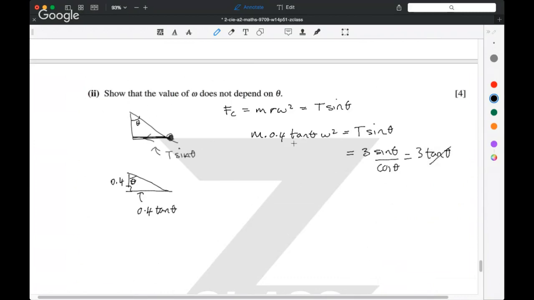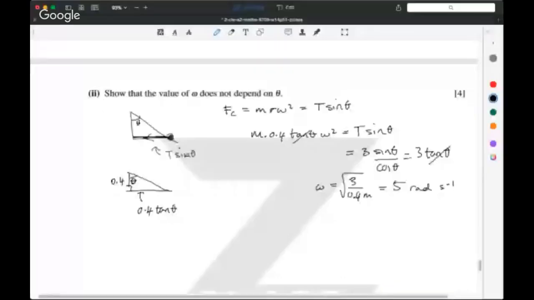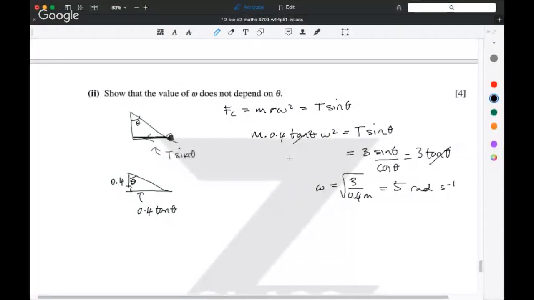So the tan thetas cancel, and we get that omega is equal to the square root of 3 over 0.4 times m, which is just 5 radians per second. So you see that it's independent of theta because the tan theta is cancelled.